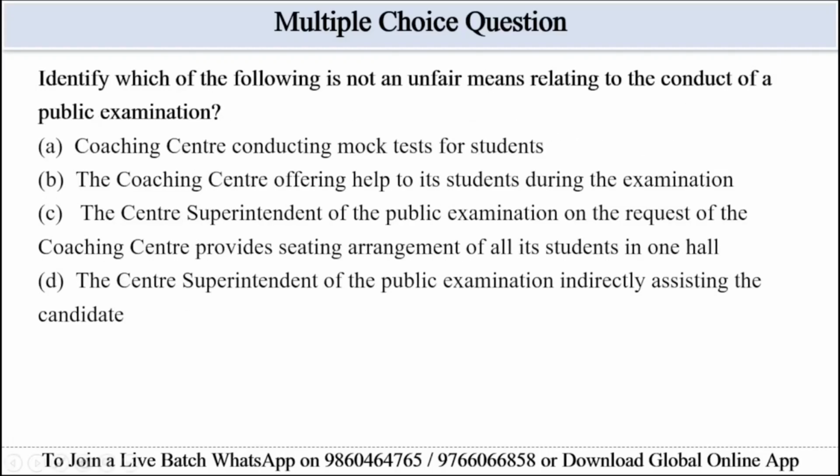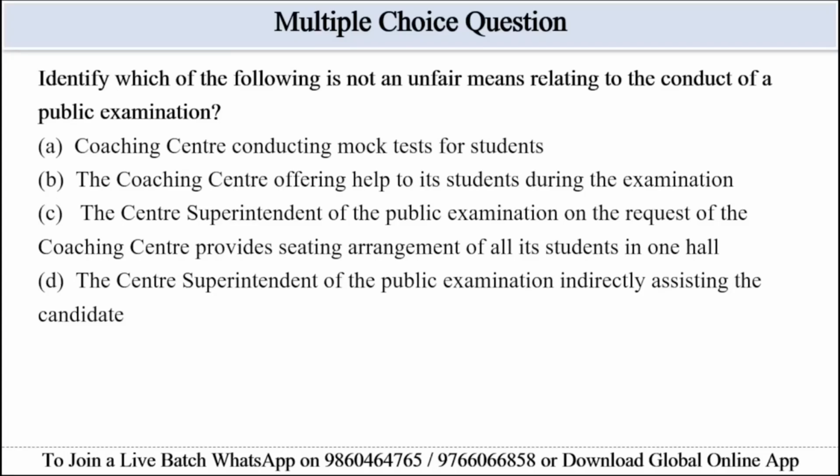Identify which of the following is not an unfair means relating to the conduct of public examinations. Options are given. Option A, coaching center conducting mock test for a student. The passage lists various offenses. We need to find the option that is not mentioned as an offense in the passage. For this option, coaching center conducting mock test for a student, this is a standard preparatory activity.